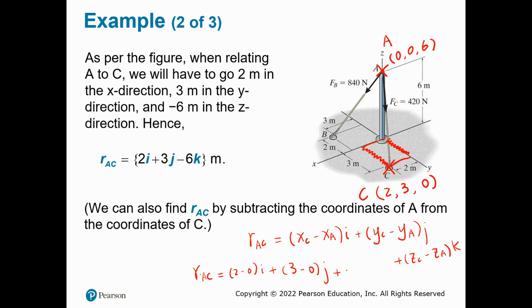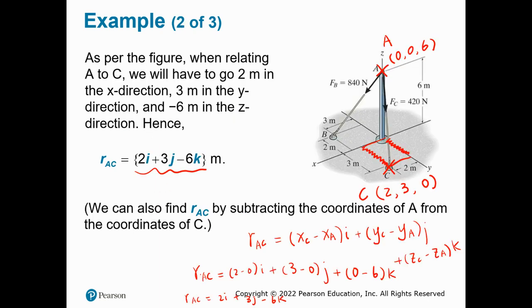And then you have ZC, which is 0, and ZA is 6, so 0 minus 6 k. Simplify it, and you will have R_AC equals 2i plus 3j minus 6k. That's where that comes from. Get the coordinates of A and C, and then take the ending point and subtract the starting point.